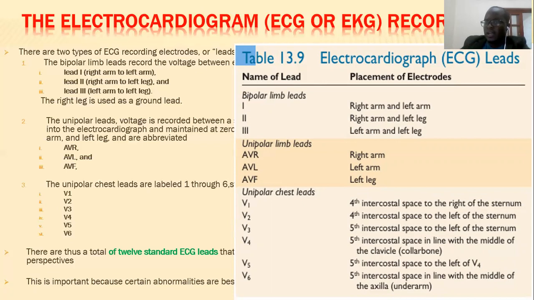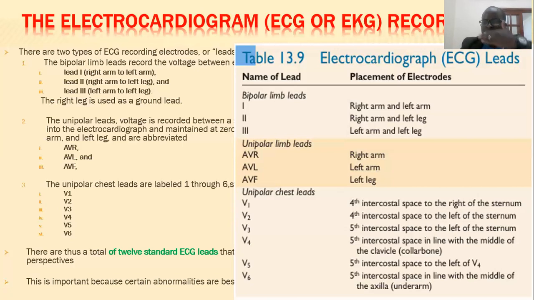So these are the chest leads. They're looking at the heart in a horizontal plane. The limb leads are looking at the heart in a vertical plane, or a coronal section. That's why the chest leads are located on the chest here.